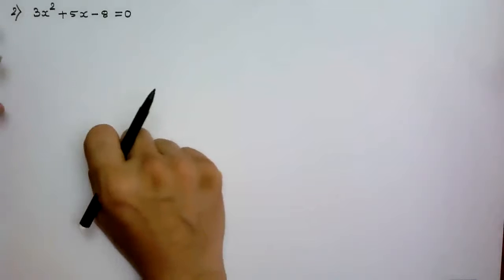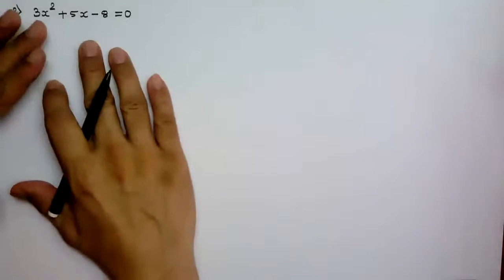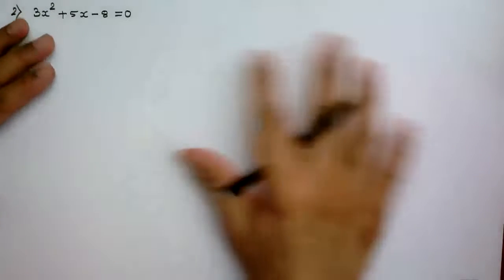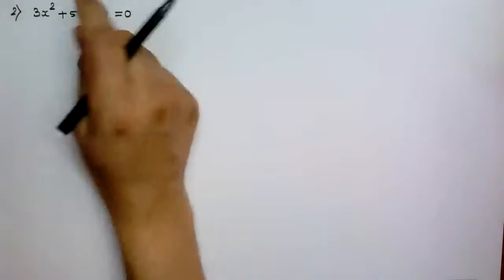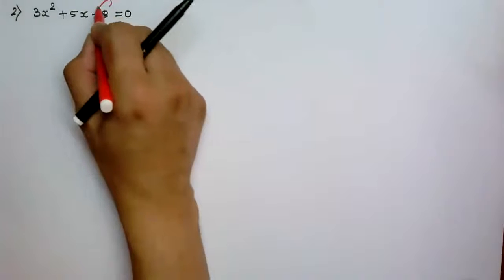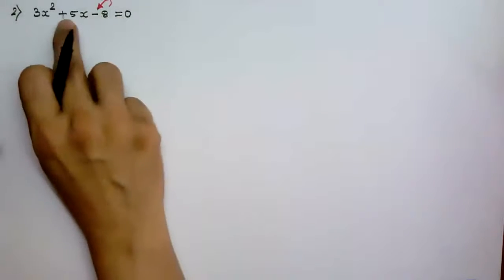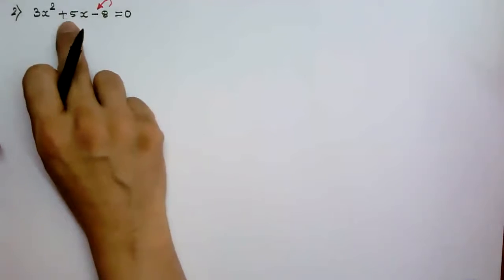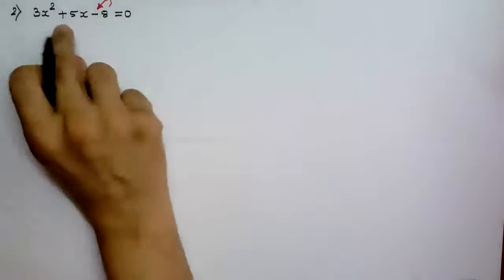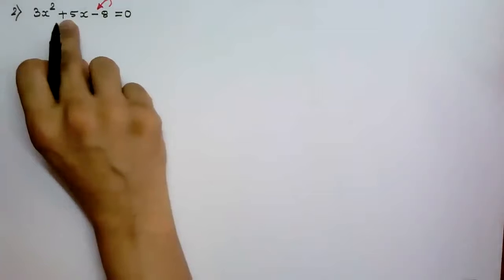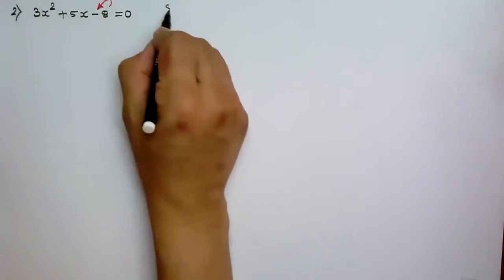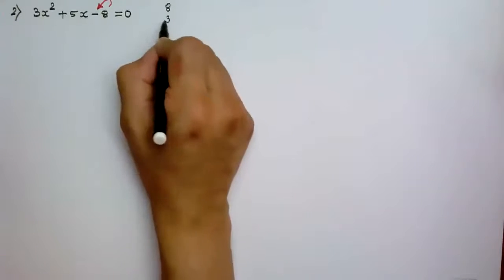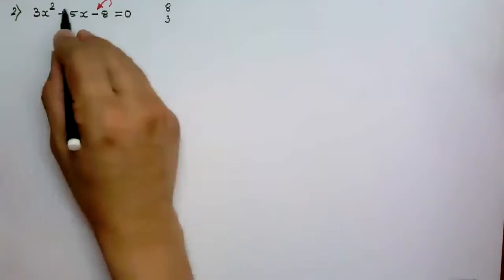Okay, we will use traditional method to solve this quadratic equation, and then I will show you the formula method. See this last term. As this last term is negative, we have to obtain the middle term by subtraction. Okay, I should obtain this 5 by subtraction. 8 3s are 24, and very apparently 8 minus 3 is 5.